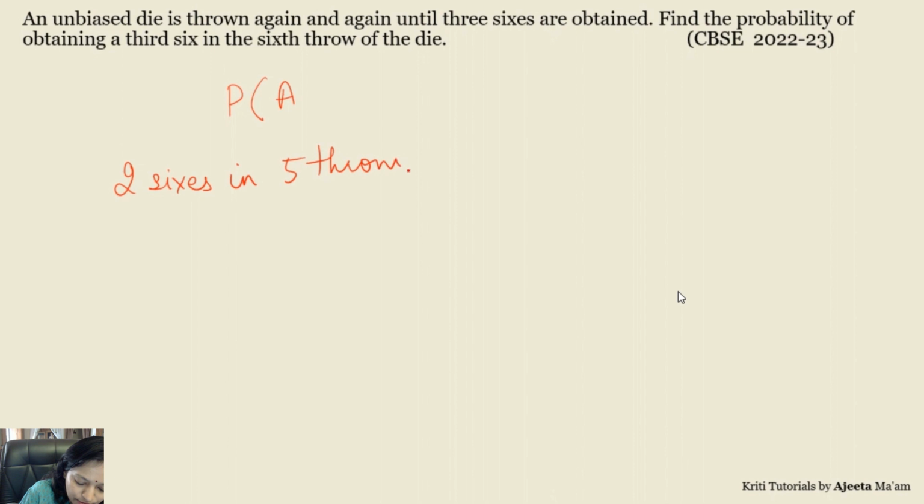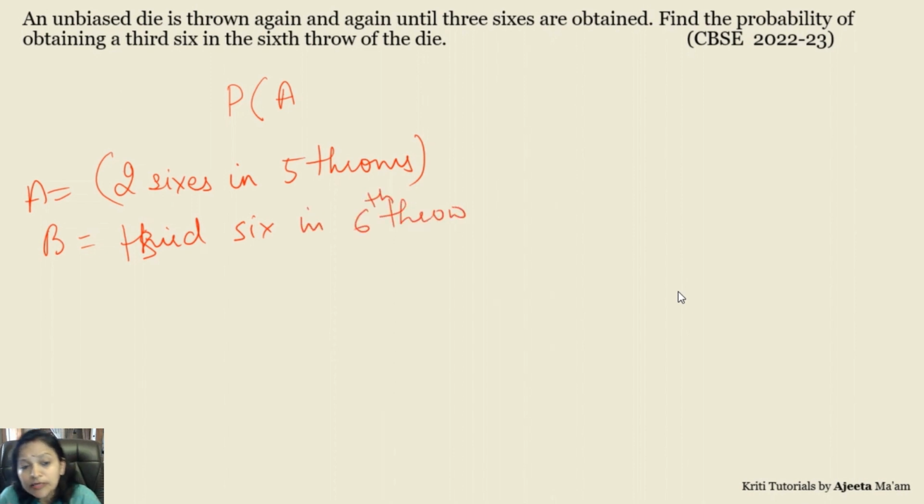That will be one event, and we denote it with A. And B is that the third six comes in the sixth throw. Only the last throw has to be a 6. So this means the first two sixes must have come in the first 5 throws. So these are the two events we have. So P of A and B will be P of A into P of B. So this is the concept that we are going to use here.